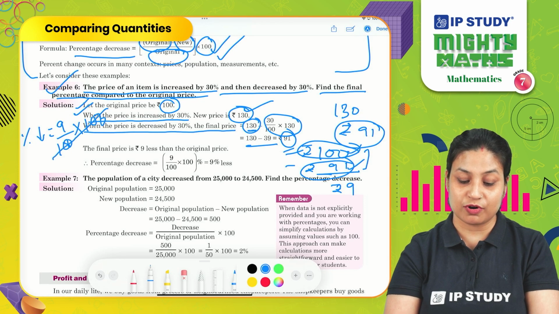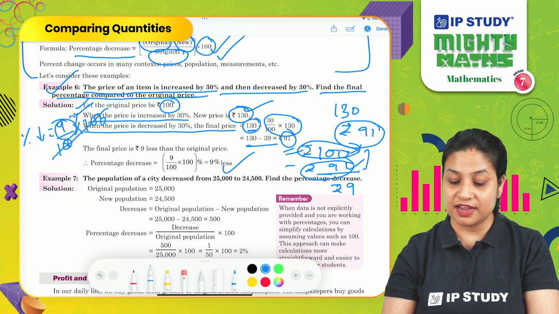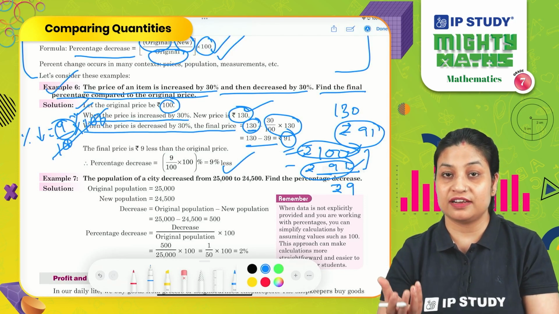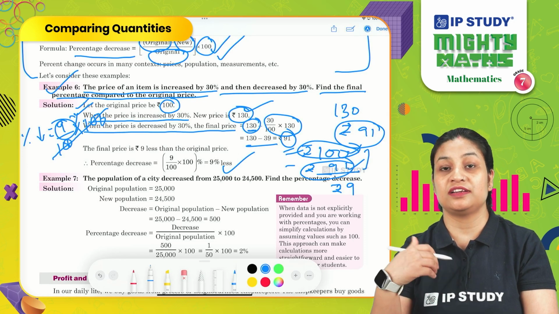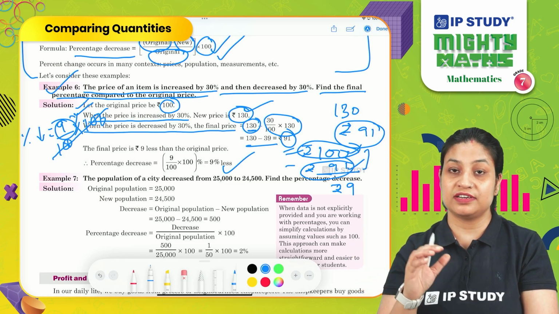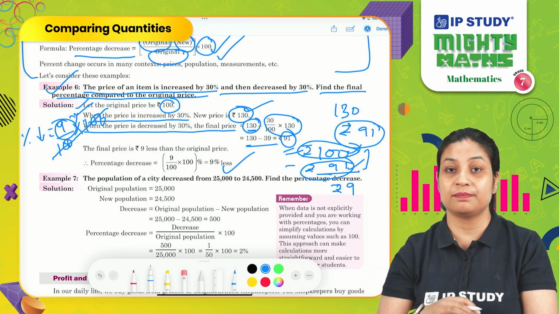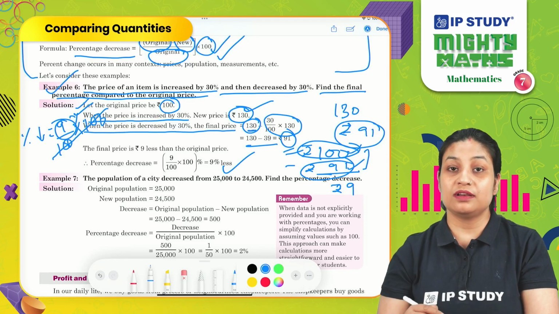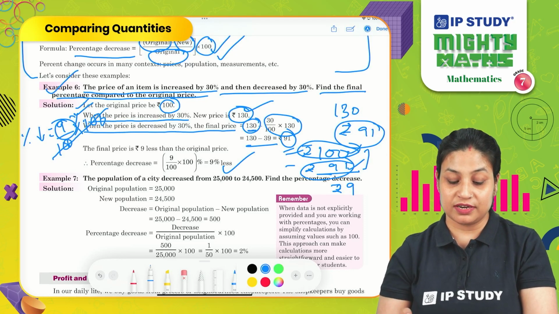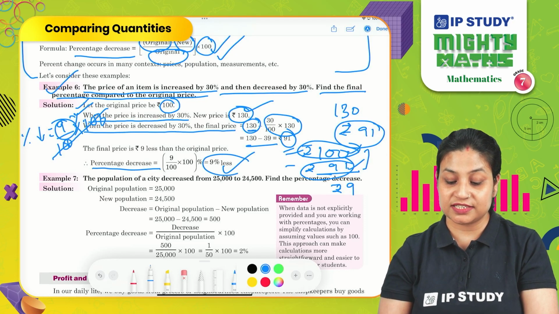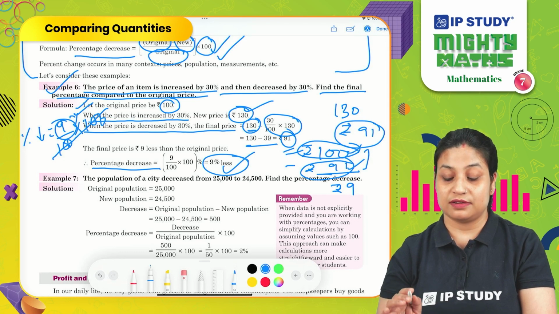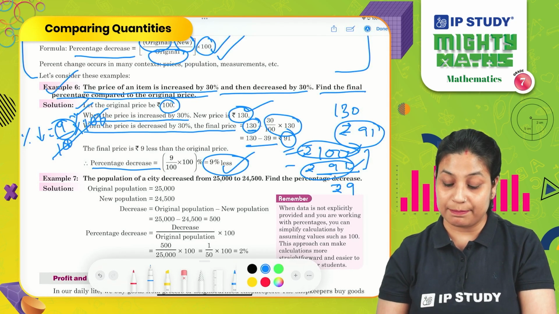If you do so, what you will get? 9%. It means that whatever item you are purchasing, after having increased 30% and then having decreased the item's price by 30%, you will lose 9% on it. So the percentage decrease in that item is 9%. So I hope you have understood this example.